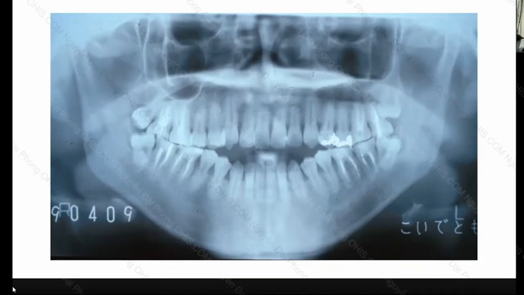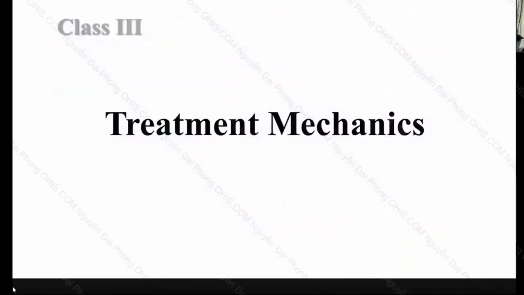Okay, now the class 3. Almost class 3, the etiological factor is almost the same as open bite development, right? Therefore, treatment mechanics.